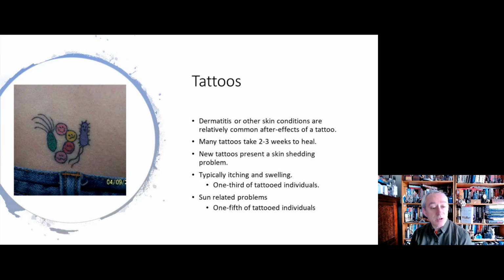Also some tattoos can lead to itching or to swelling, and some tattoos with red pigments in particular can react with sunlight, and that can also cause redness and itching, and that can carry on well after the general tattoo has healed.